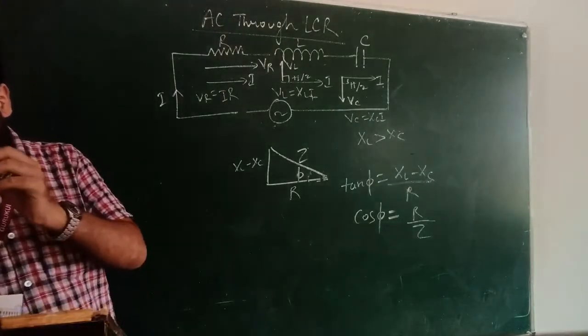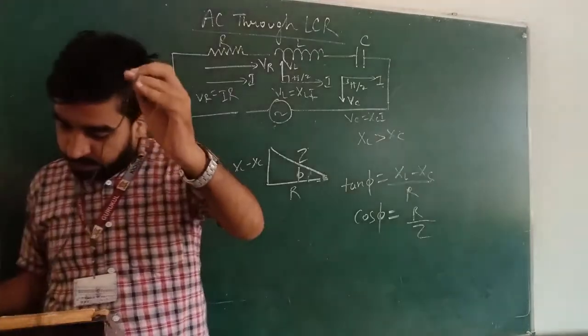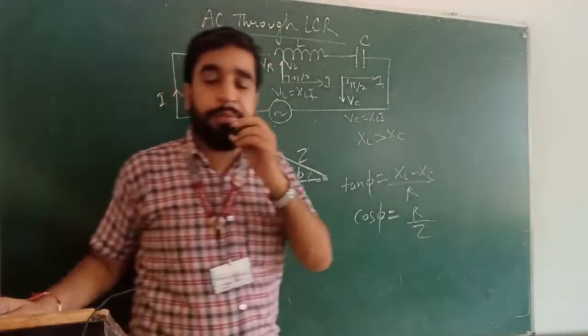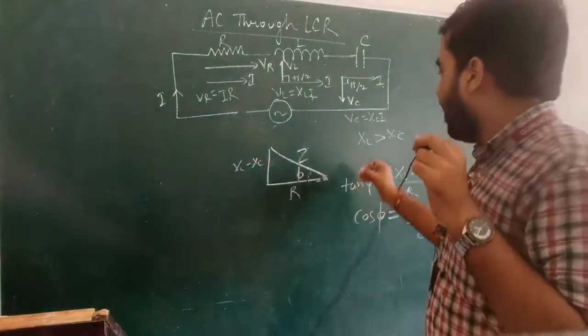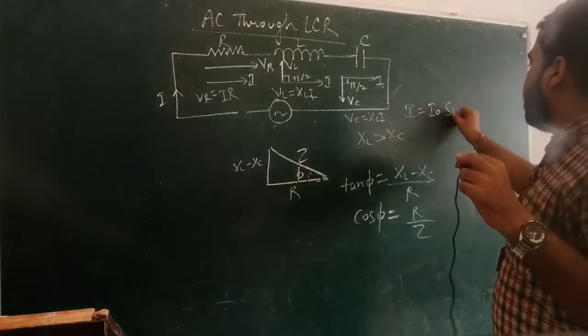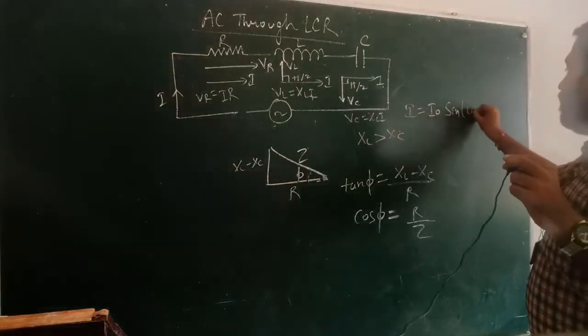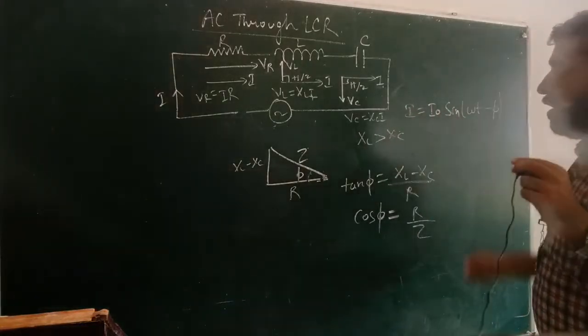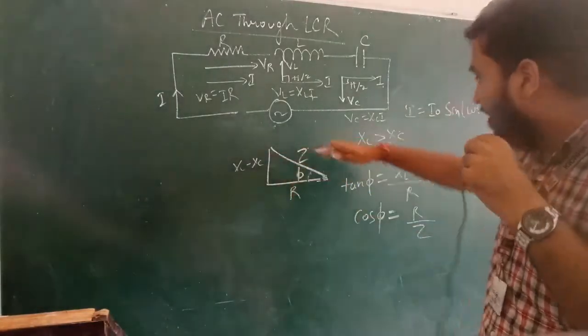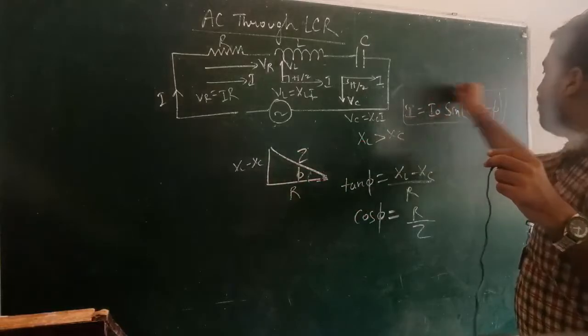So this circuit is an inductive circuit, and the current will be I is equal to I naught sine omega t minus phi. Earlier this was phi, now it is omega t minus phi. This will be the value of current.